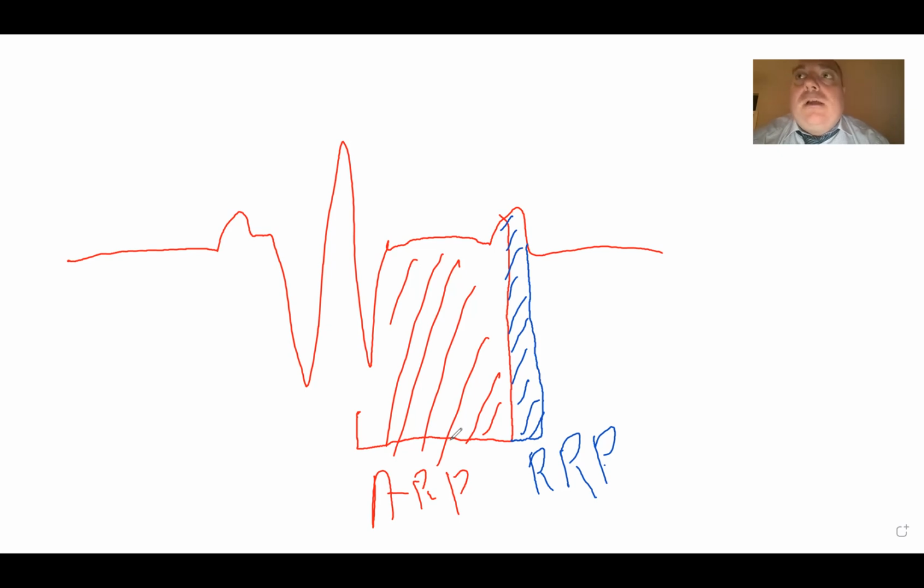However, if we did not deliver the electricity at the appropriate time, and we delivered it during the relative refractory period on the back half of the T wave, those cells have ion channels which are open and able to respond to an electrical stimulus, but they're not ready to.